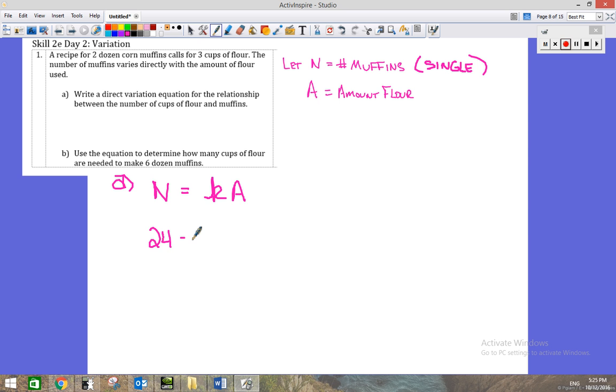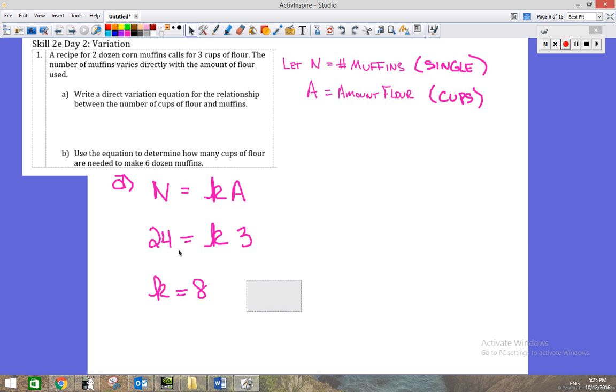So 24, I'll figure out what this K is, and it calls for 3 cups of flour. So my amount of flour, I'm measuring this in cups. So if I divide both sides by 3, I'm getting that K is equal to 8, because 8 times 3.